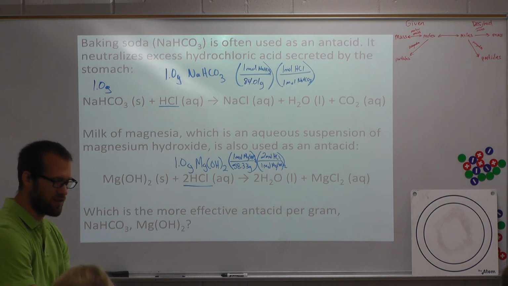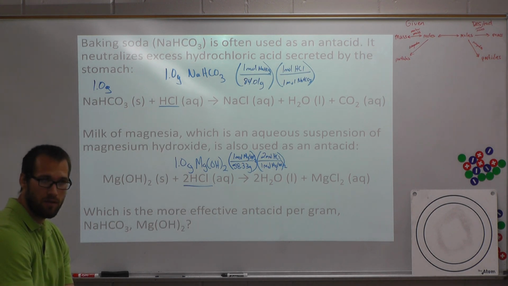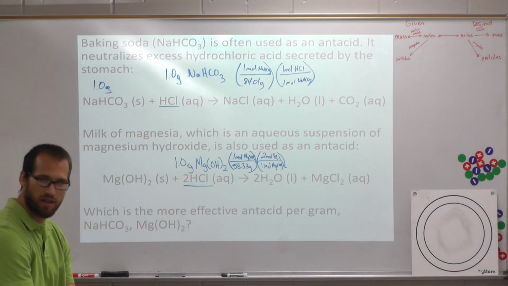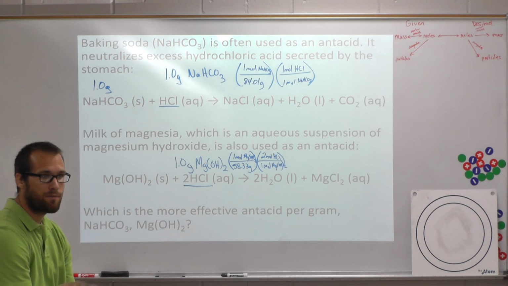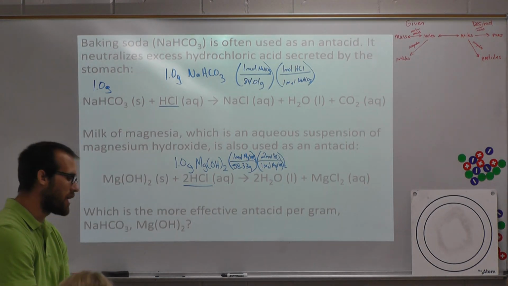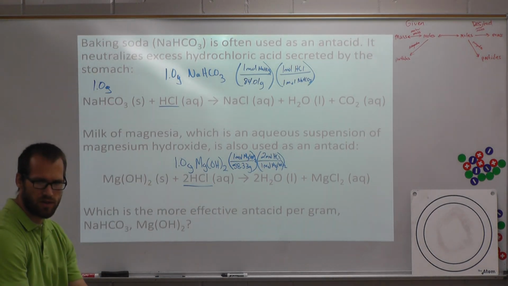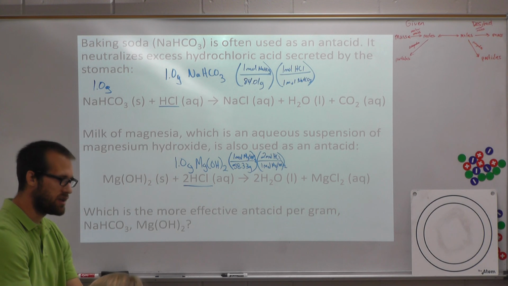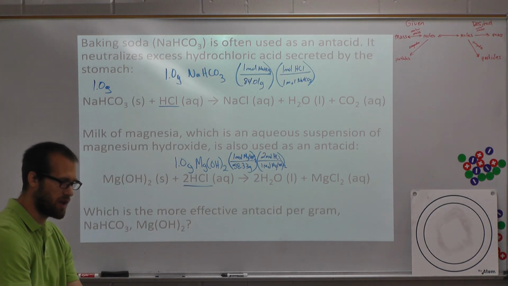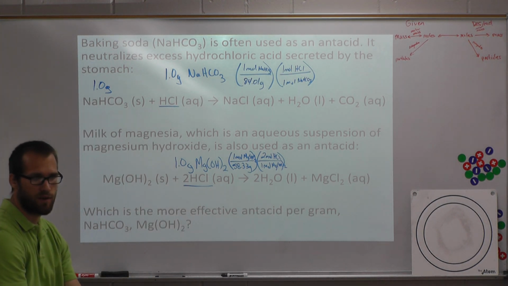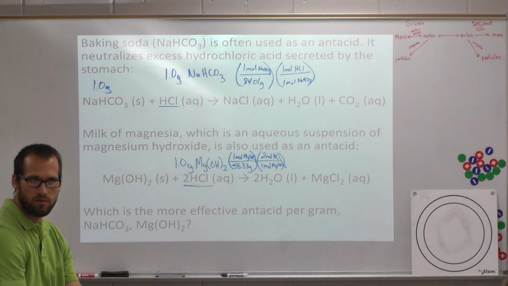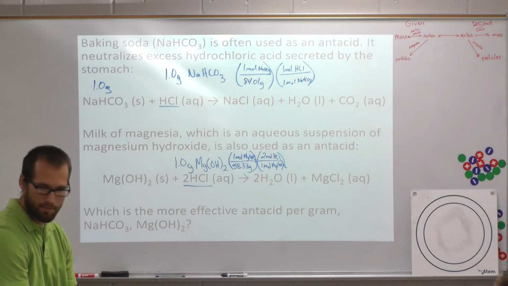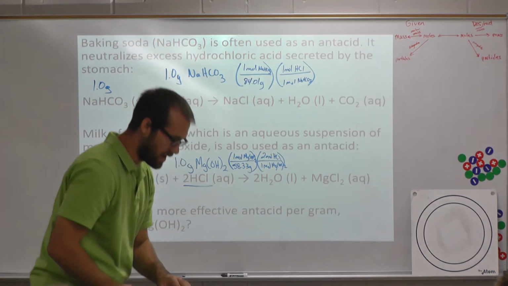The reason I don't need to convert all the way to mass is that the last step is the same for both: you're just doing the molar mass of HCl for both, so it won't change anything. I don't have the actual numbers, but it should react more with the MgOH than with the other antacid. What do you get for the numbers? 0.01 and 0.03? Yeah. Okay. All right. Any last questions?